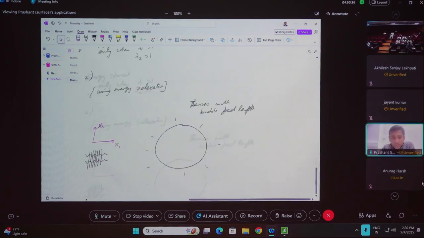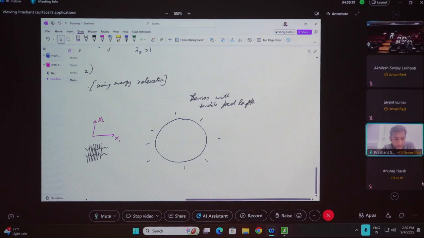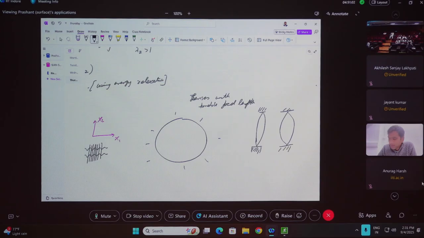Instead of having lenses made up of just glass, you can have lenses made of certain types of transparent elastomer, and then on the top region and the bottom region you can have certain loading devices. Based on that, you can change the curvature of the lens, and it changes the focal length of the lens.